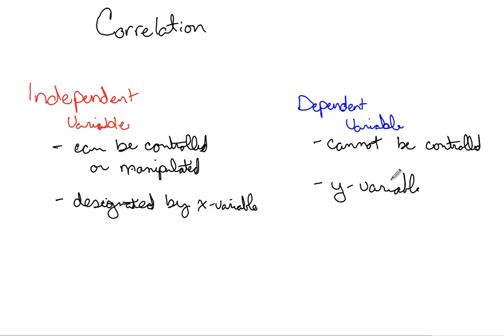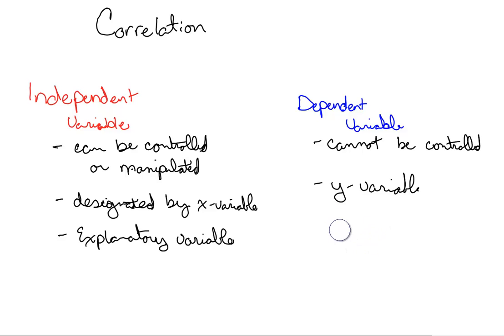Now sometimes these are used by different names. So the independent variable is also known as the explanatory variable, meaning it can explain the differences a little bit. And the dependent variable is your response variable. Let me adjust this just a little bit.